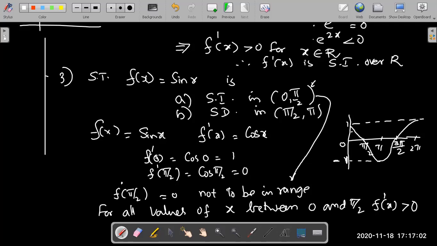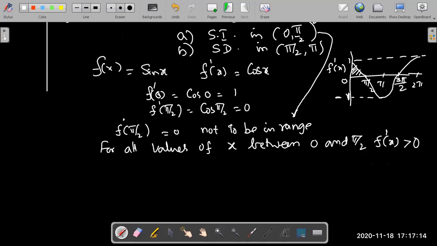Sorry, I wrote f of x; this is f dash x. So this part is greater than 0. That's why it is strictly increasing. So that implies the function is strictly increasing in 0 to pi by 2.